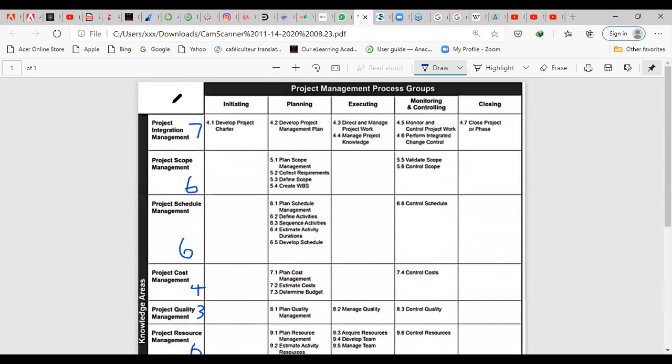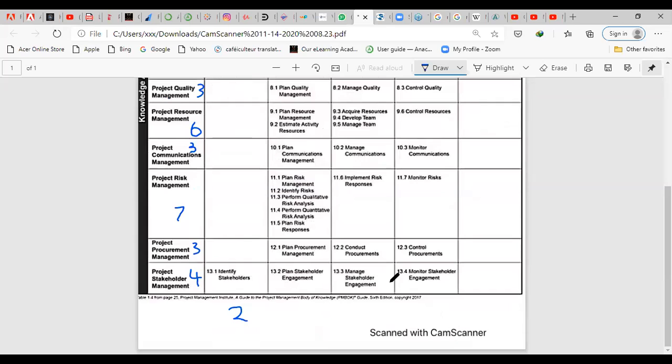So these are the 49 processes that we are talking about here. Now, another way of looking at them is according to the process groups. So how many processes do we have under the initiating phase? We have 1, and then we have 2. So under initiating, we have 2. Do you get it?